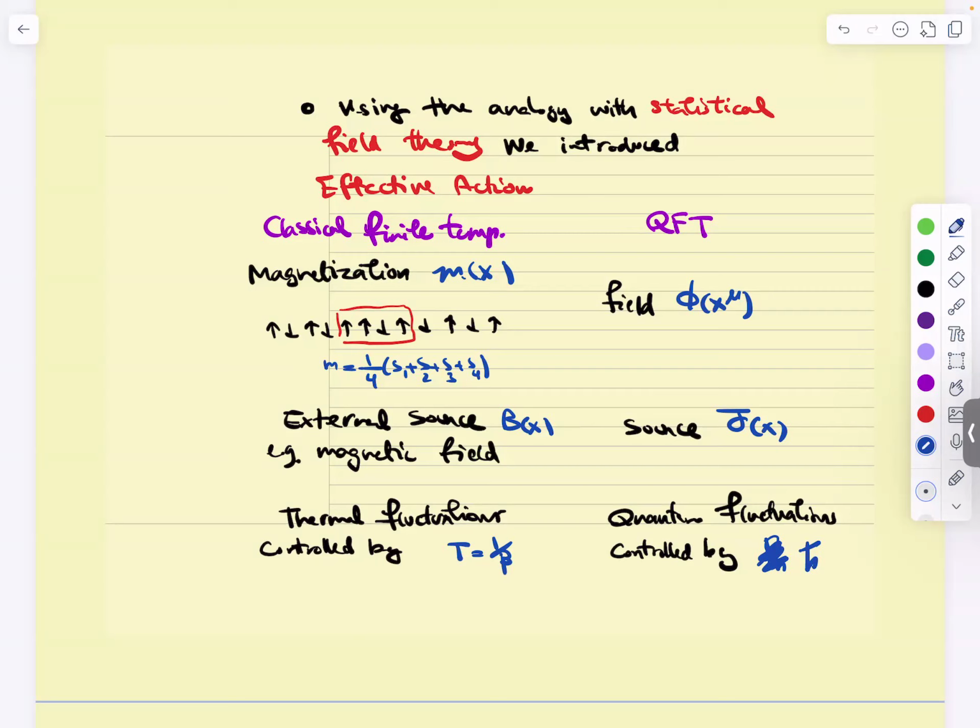The thermal fluctuations are characterized by a length scale. What is that in statistical physics? The mean free path, right? At some finite density, your particles propagate freely until they interact and scatter. And then there is the quantum fluctuation, which is the de Broglie wavelength. When they become comparable is when you start seeing quantum effects kick in.